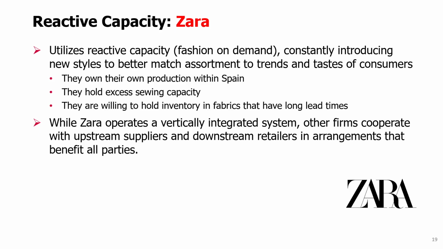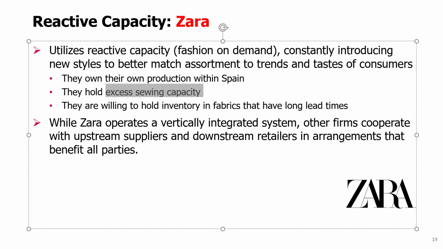While Zara operates a vertically integrated system in the sense that it owns both stores and distribution and production capacity, some companies also try to operate in this reactive fashion by cooperating with suppliers who produce products for them, and with retailers who communicate the demand trends to the companies that want to operate in a more reactive fashion.